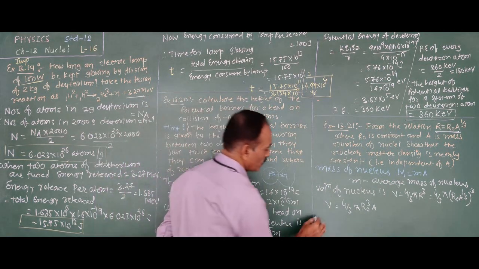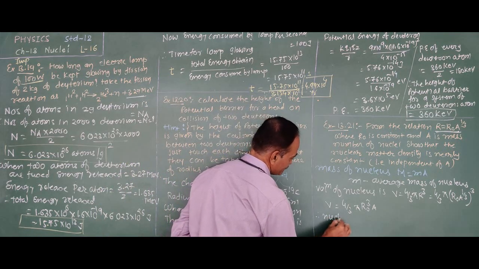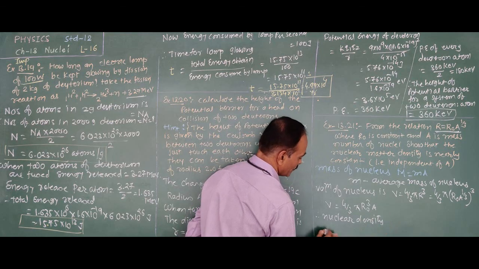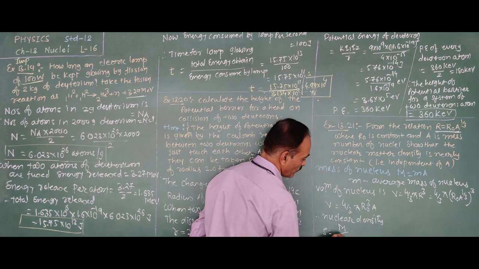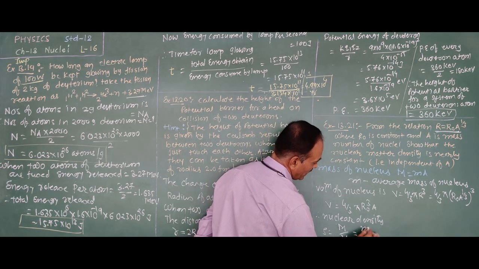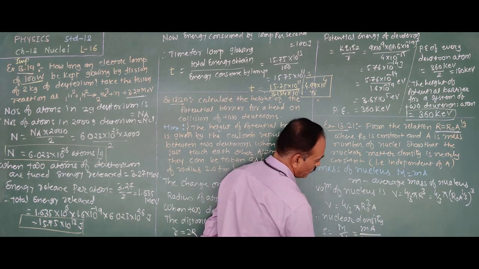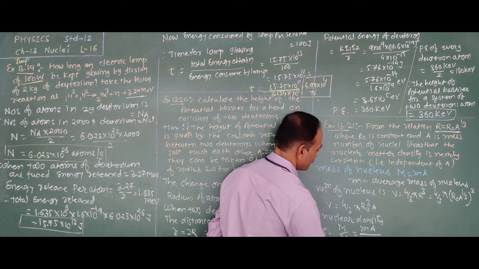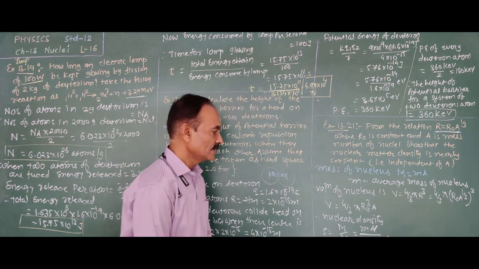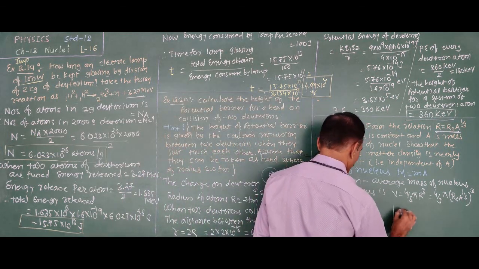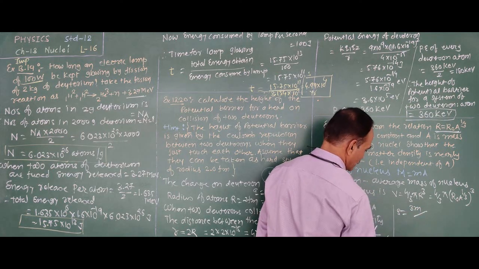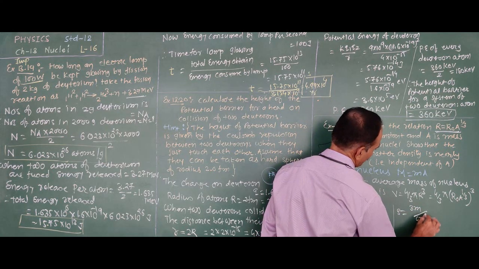Therefore, nuclear density rho is equal to nuclear mass upon volume, which is equal to m A upon 4 by 3 pi R0 cube A. A cancels. Therefore, the nuclear density rho is equal to 3m upon 4 pi R0 cube.